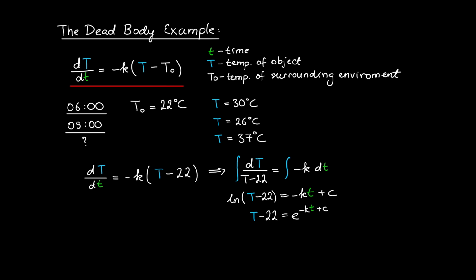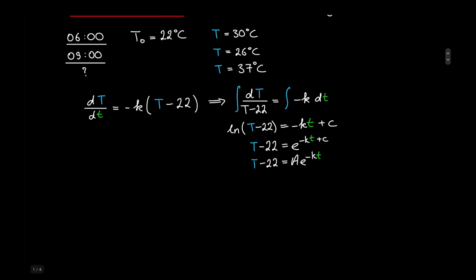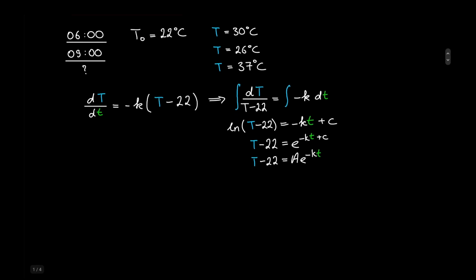On the right-hand side, please recall that e raised to the power of c can simply be rewritten as a capital letter A. At this point, we can actually find the value of both A and the value of the proportionality constant k using the initial conditions that were provided for us.